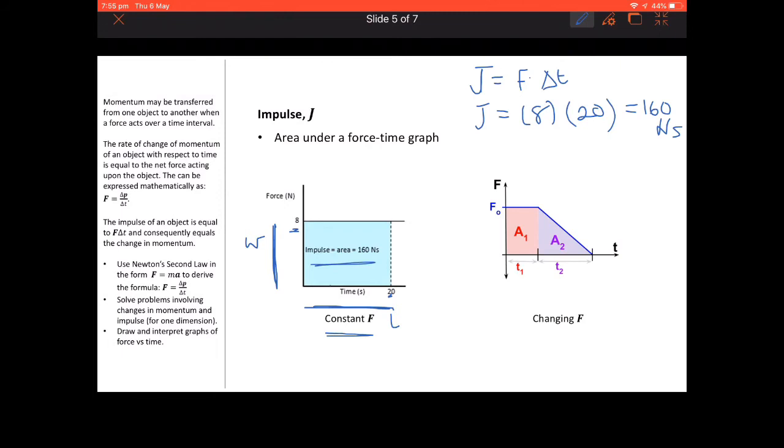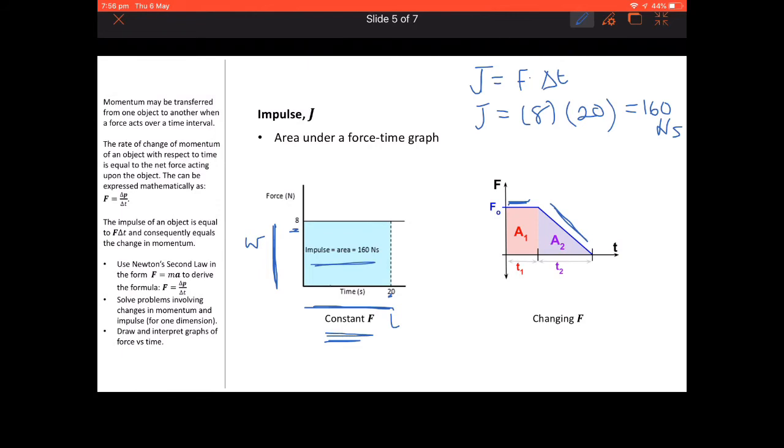If you have a shape or a graph that is a bit more complicated than a straight line or a constant force, we've got a constant force to begin with, but then the force changes over time, then you just find the area underneath the graph by working out what shapes you can use to fill in the area under the graph.